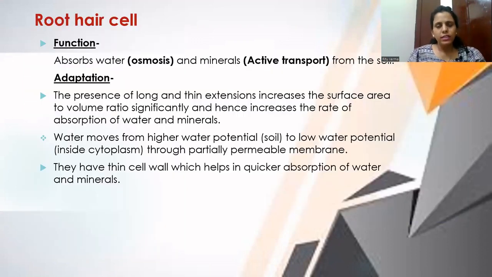Now the function of root hairs, we already know, is to absorb water and minerals from the soil. One very important point to be noted here, from the exam point of view, is that root hair cells absorb water by the process of osmosis, and they absorb minerals by the process of active transport.